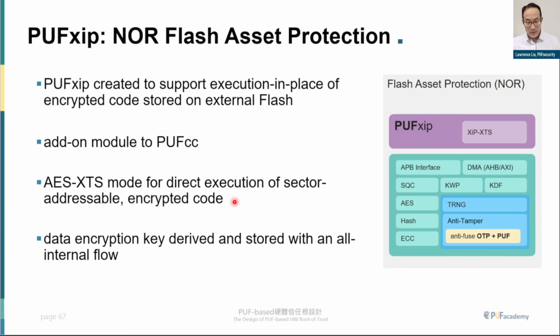And the data encryption key, which is derived from the hardware unique key, ensures total privacy, as the key source and derivation process remain completely internal to PUFcc and PUFxip, which is the internal key provisioning we talked about before.